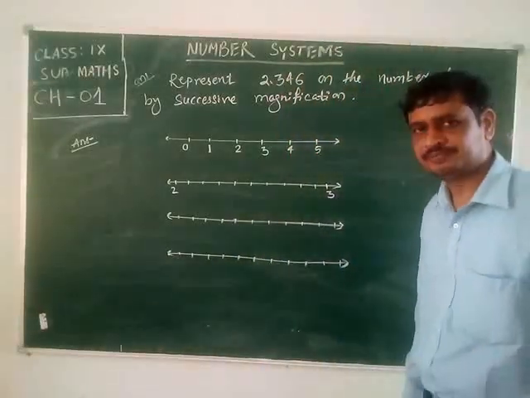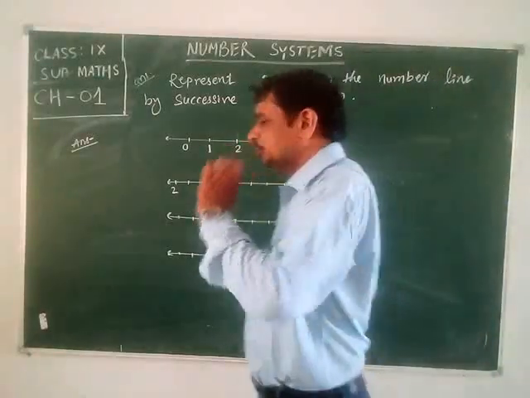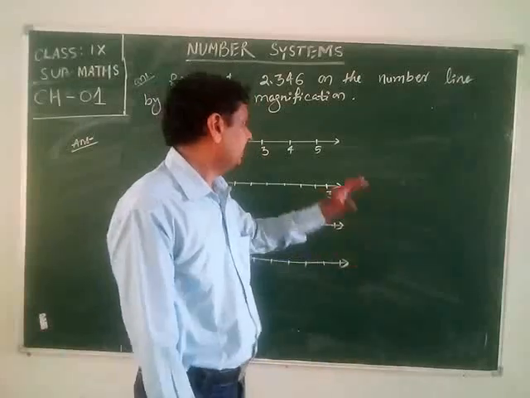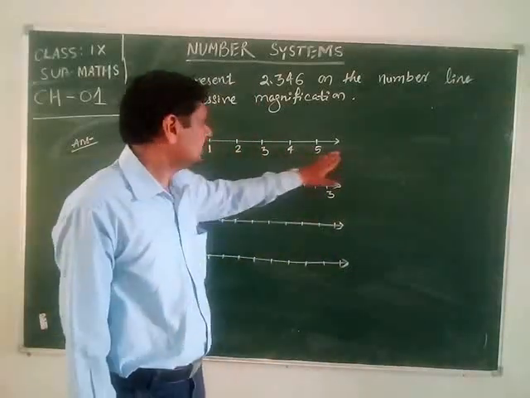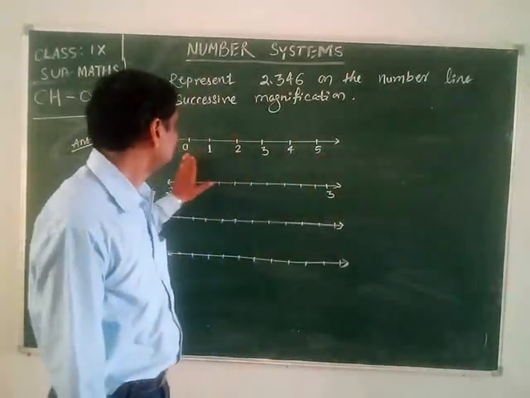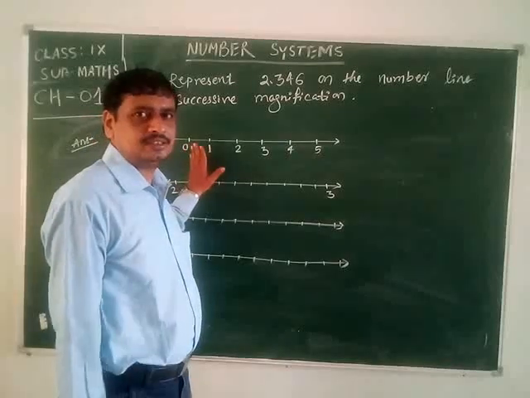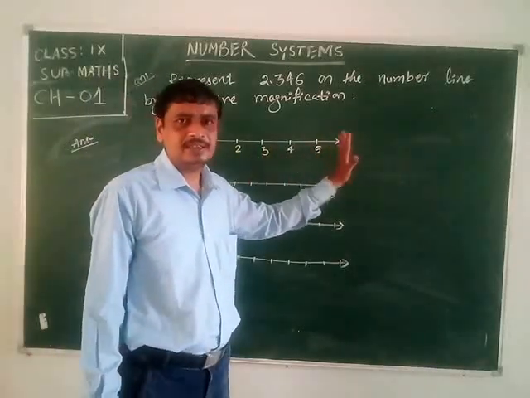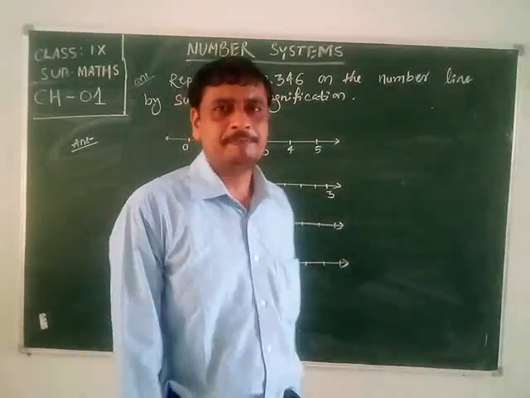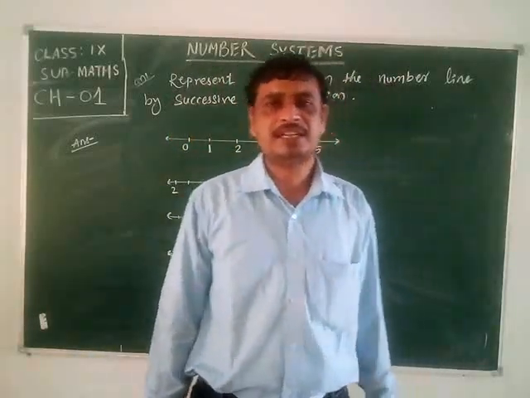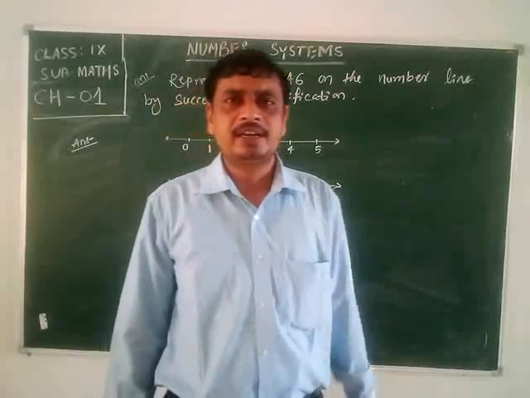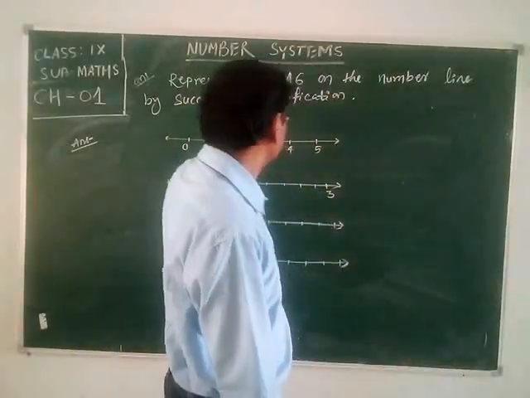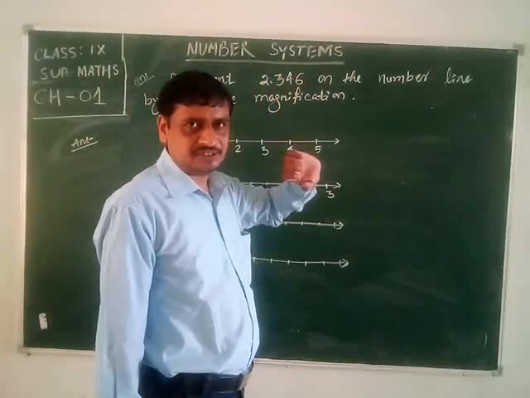So first we have to draw a number line, and this number line consists of some numbers, the natural numbers 1, 2, 3, 4, 5, 6, and we have to identify between which two integers this number is present first.